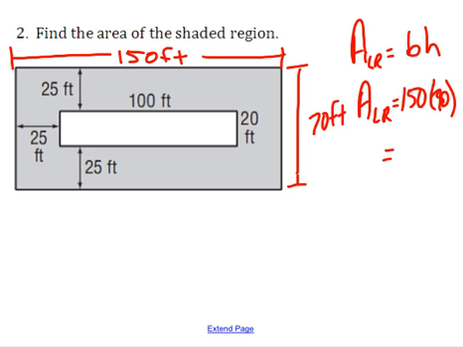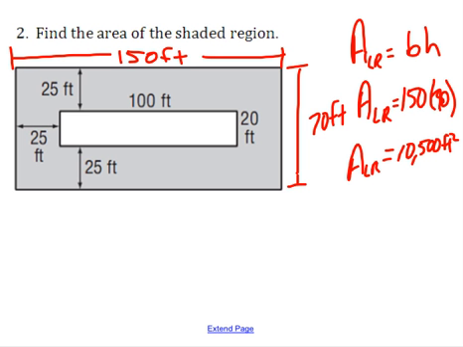You put that in a calculator and you get a really big number, probably like 10,500 feet squared is equal to the area of the large rectangle.